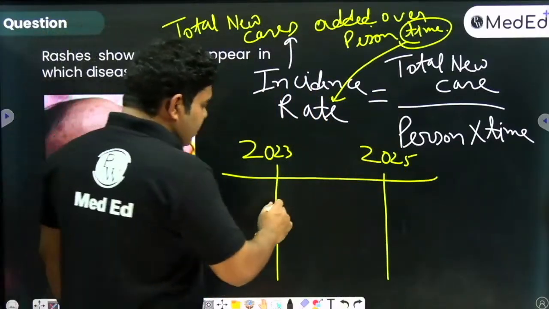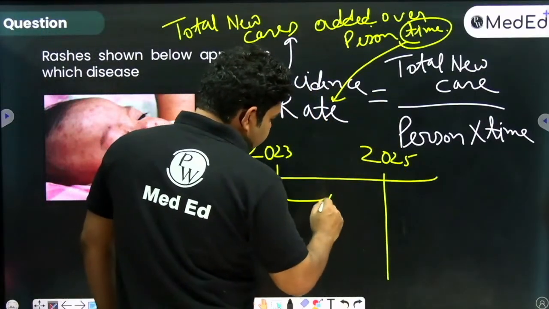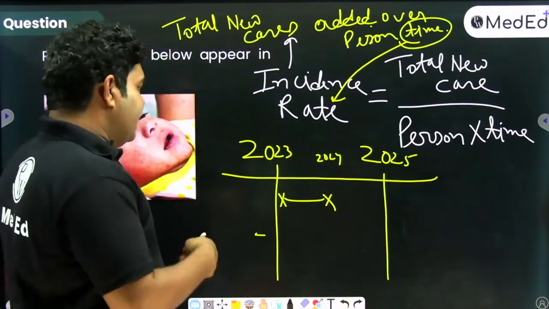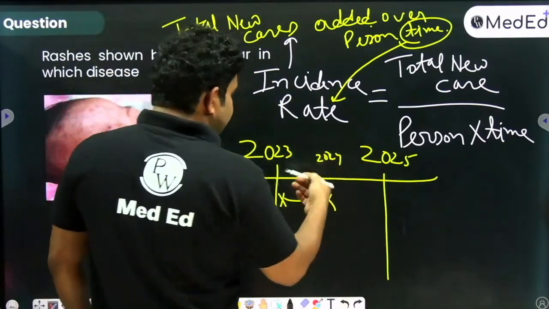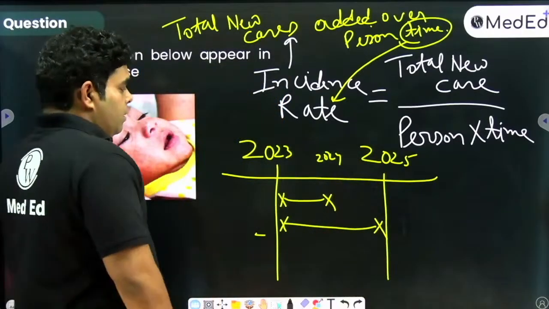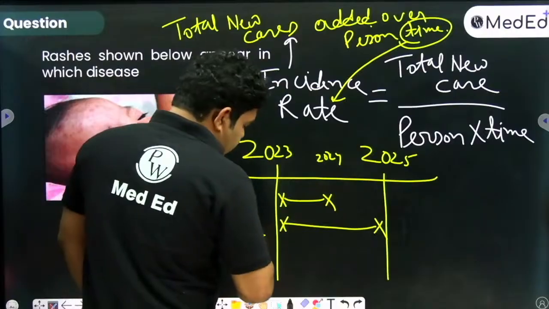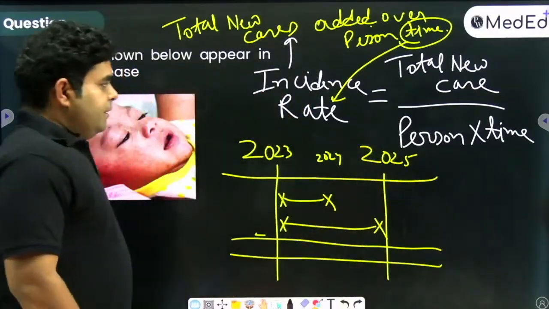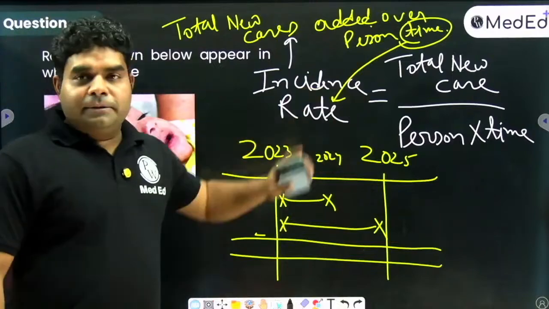The second person developed infection in 2023 and died within 1 year, in 2024. The second person died in 1 year. The third person developed it and died in 2 years. The fourth person did not develop it. The fifth person did not develop it. So how many new cases occurred?